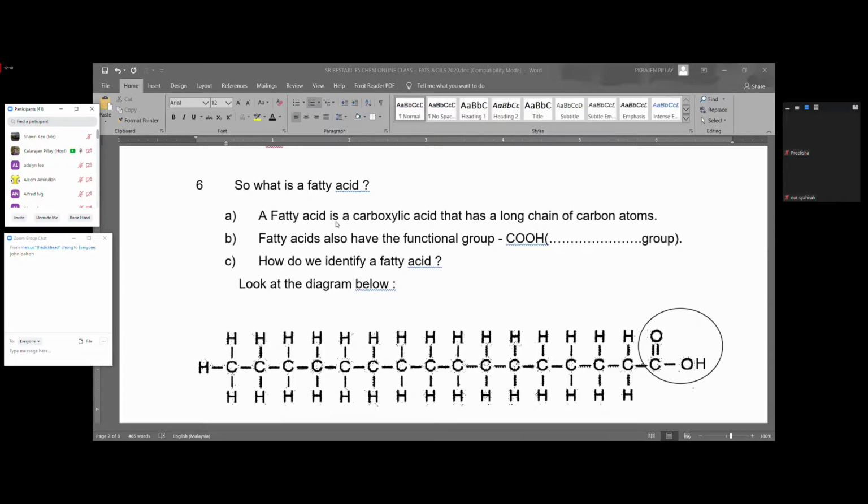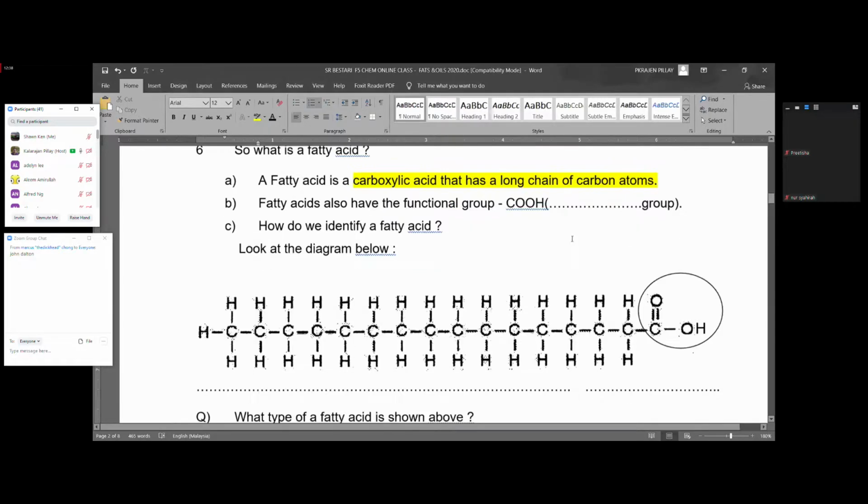So a fatty acid is actually a carboxylic acid, but it has a long chain of carbon atoms. When I say carboxylic acid, we learned methanoic acid, ethanoic acid with 2 carbons, propanoic acid with 3 carbons, butanoic acid with 4 carbons, 5 or 6. But this one, can you see?